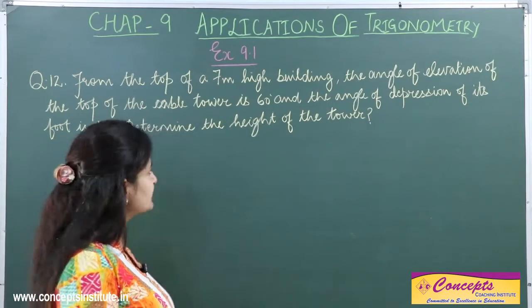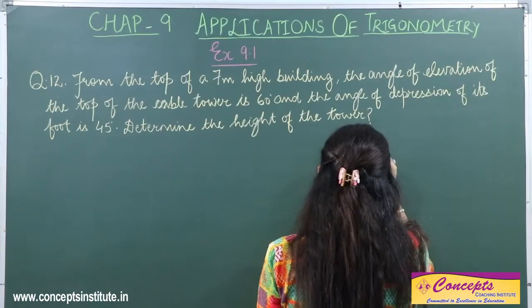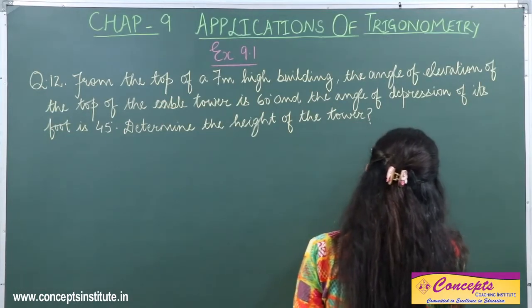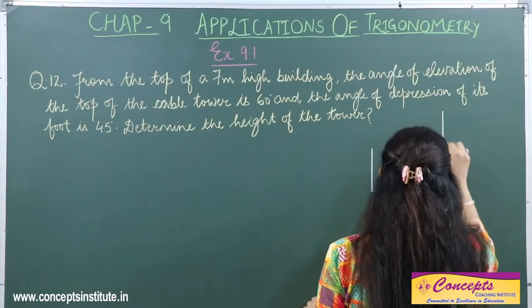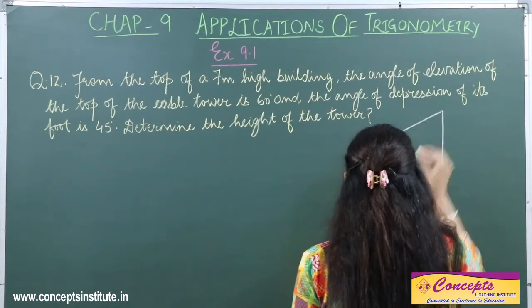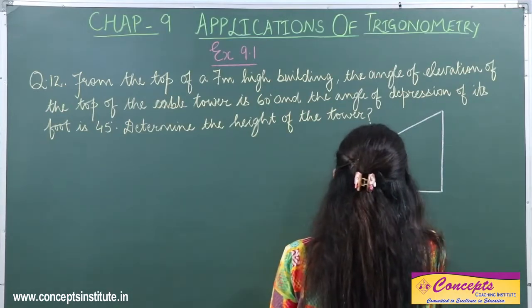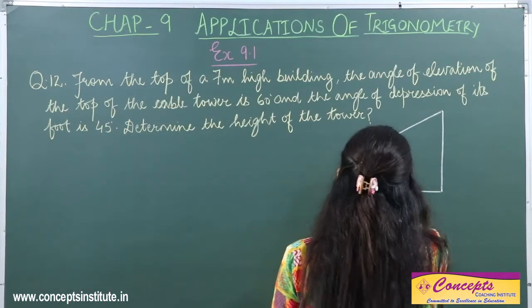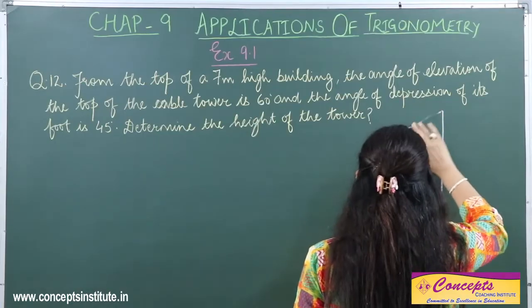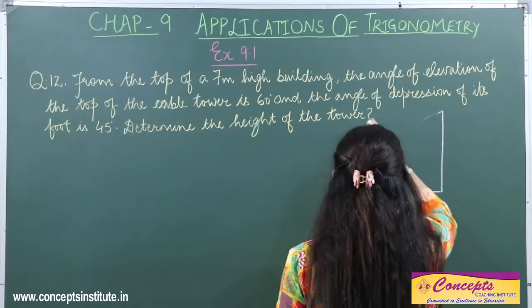So let's just first of all make the figure. So I am going to make a building and a cable tower, and then this angle of elevation is given to me as 60 degree. Okay students, so actually this angle is somehow looking like 30 degrees, so I am going to slightly increase the height.